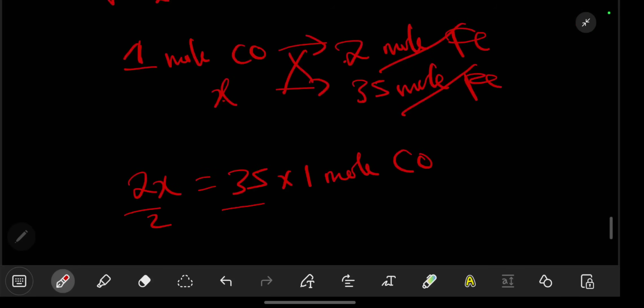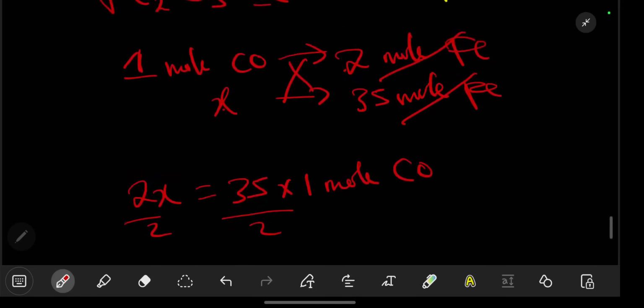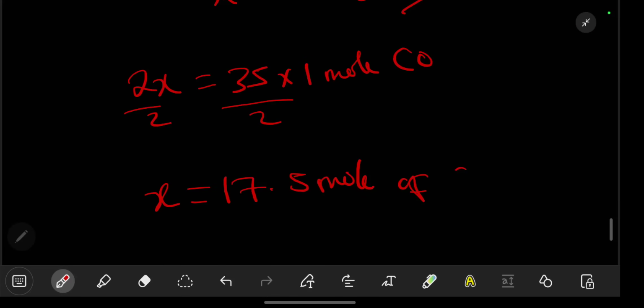You divide by 2, and x is equal to 35 divided by 2. This is going to give us 17.5 moles of what? Of carbon monoxide is needed.